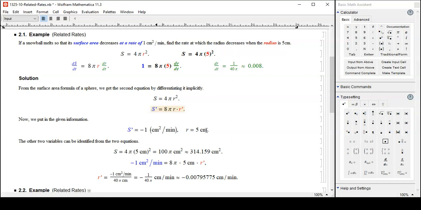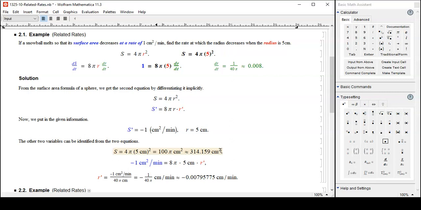It turns out S prime is, well, I'm using not just 1 but -1 to be a little bit more strict because it's decreasing. And R is equal to 5. Plug those in and then do your computation. The problem did not ask for this S value, but I could have found it.